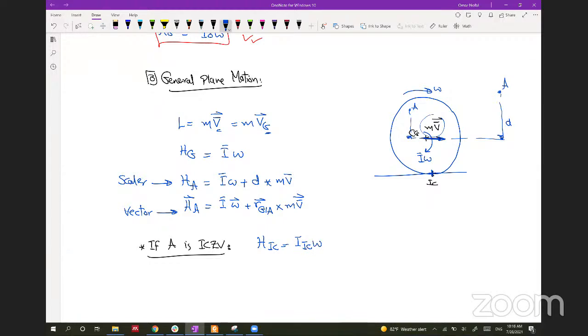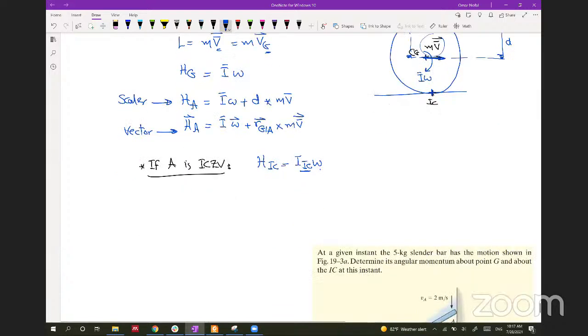So you will check your dynamics sheet and get I about the CG and then add the mass multiplied by the distance square from the CG to the instantaneous center. And I think in the dynamics sheet, you are given the mass moment of inertia about the center of the circular disk and also about the edge of the circular disk. So you will just get this and multiply by omega, and you will get the angular momentum about the instantaneous center of zero velocity. So does anybody have any questions so far?